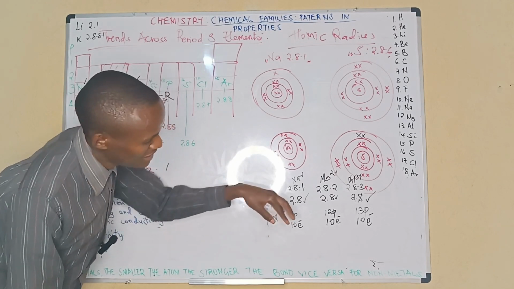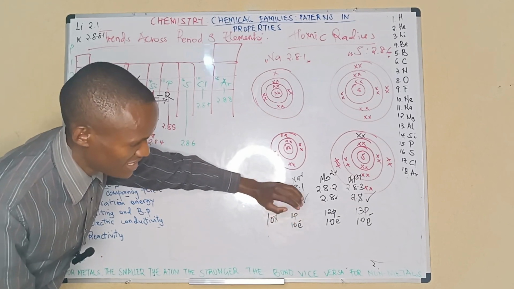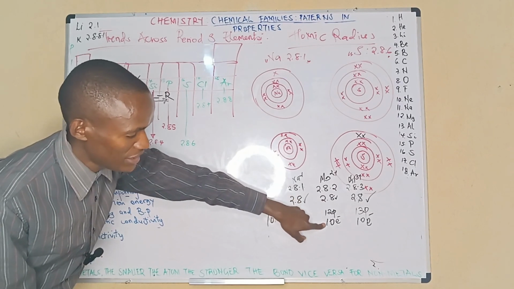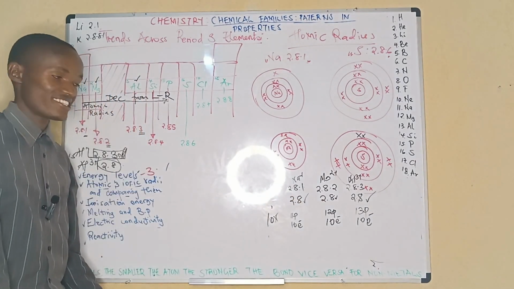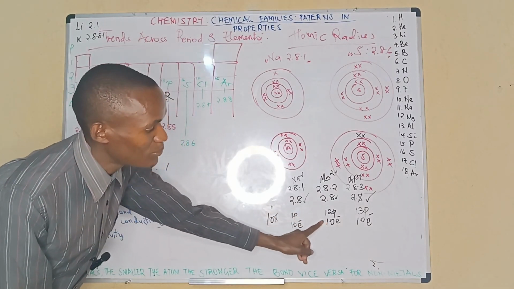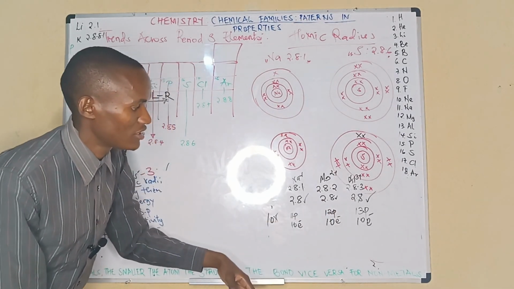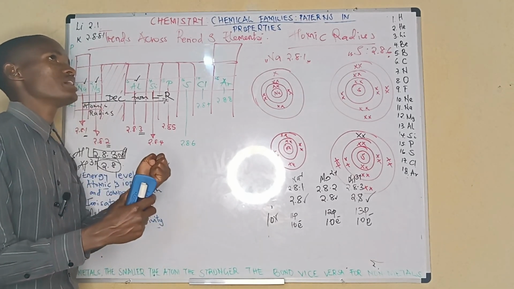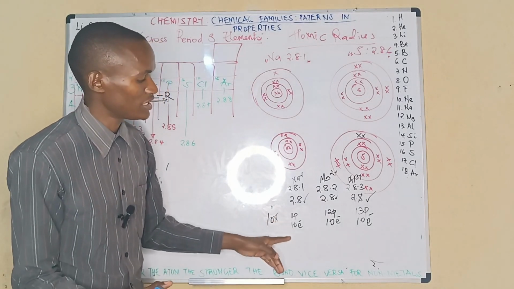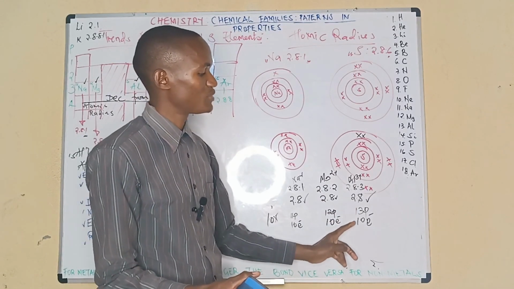This one, 12 protons for magnesium are pulling 10 electrons. You can guess that is stronger than this. This one is stronger and smaller because we have a high number of protons pulling the same number of electrons. This is 11 pulling 10. This is 12 pulling 10. This is 13 pulling 10.